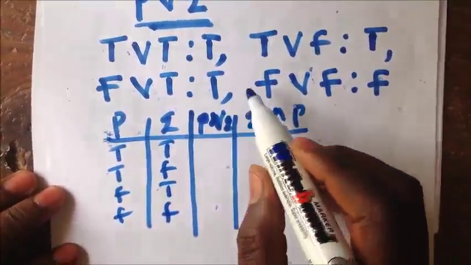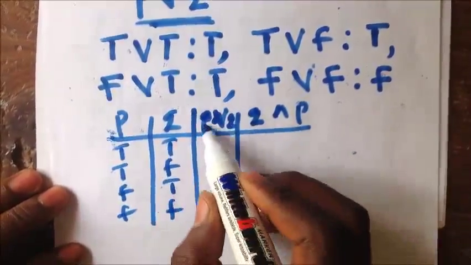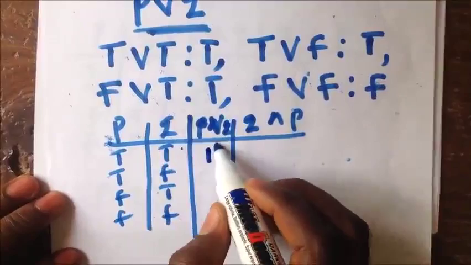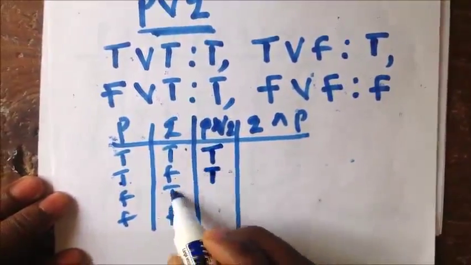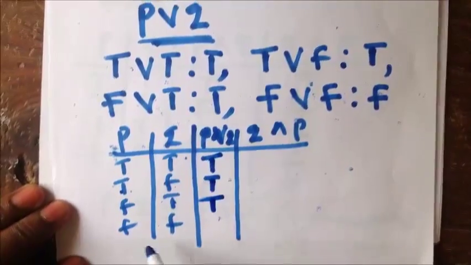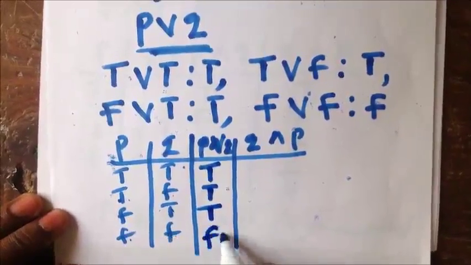Now remember, if both are true, it is true. If at least there is a true value, it's true. But this one is false, false, therefore it is false.